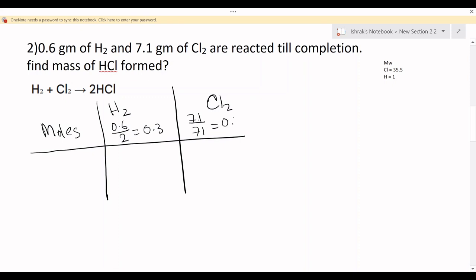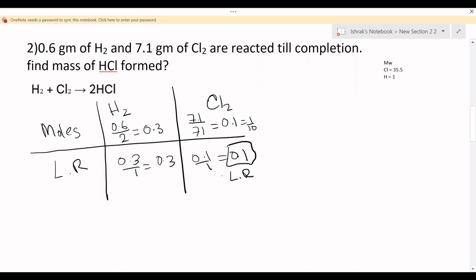Now let's find the limiting reactant. As you see, both of them have the same coefficient. So even if you try to do it, 0.3 divided by 1 is 0.3, and 0.1 divided by 1 is 0.1. So now it's clear. This is my limiting reactant.